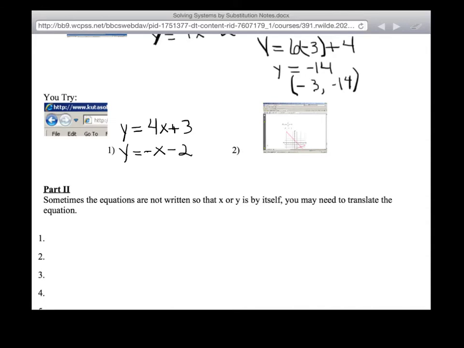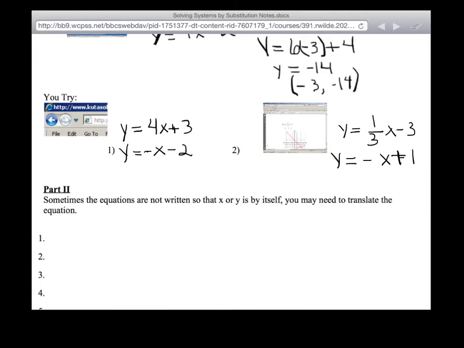I want you to do number 1, and then I would like for you to try number 2. Also, y equals 1/3 x minus 3, and y equals negative x plus 1.